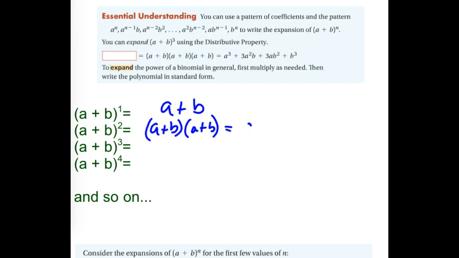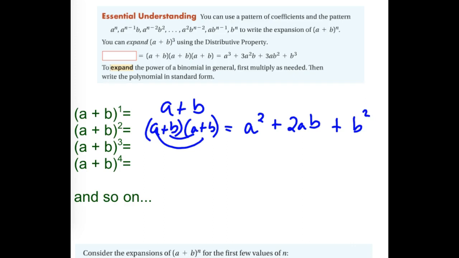Think about what that middle term is going to be. Because you're going to get an AB here and you're going to get an AB here, right? So you're going to have two ABs, all right? And then last term, B squared.